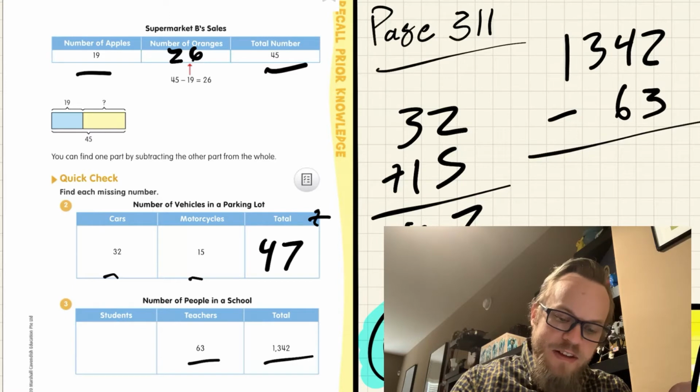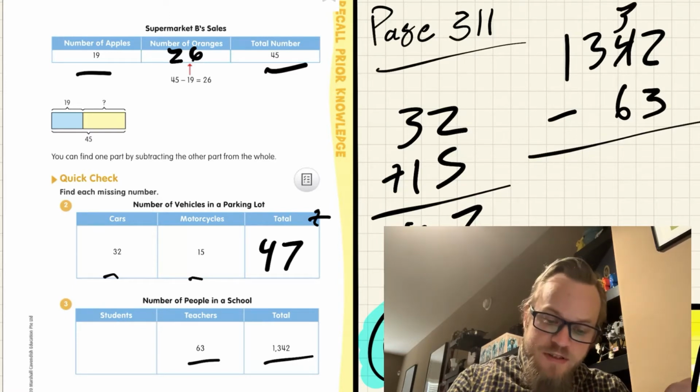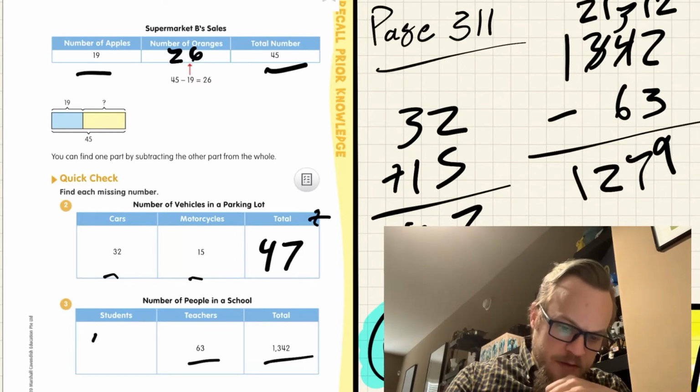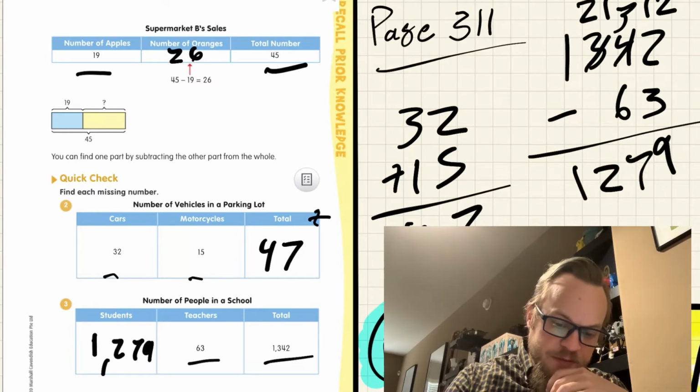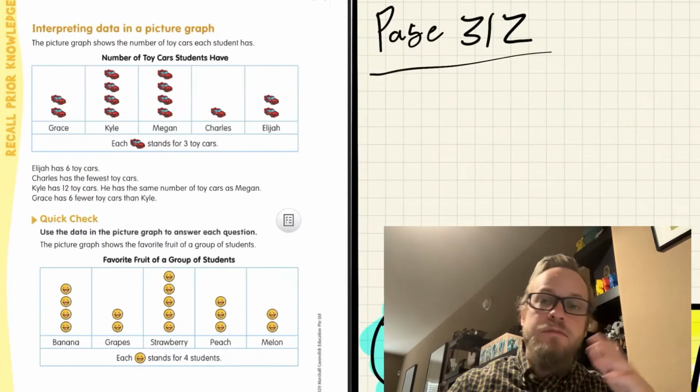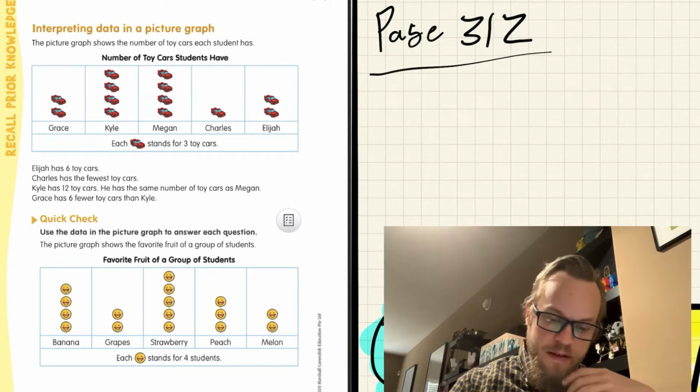I need to figure out the other part, so I'm going to subtract. So I'm going to do 1,342 minus 63. I'm going to do some quick regrouping in here. 12 minus 3. 13 minus 6 is 7. There's 1,279 students in the school.